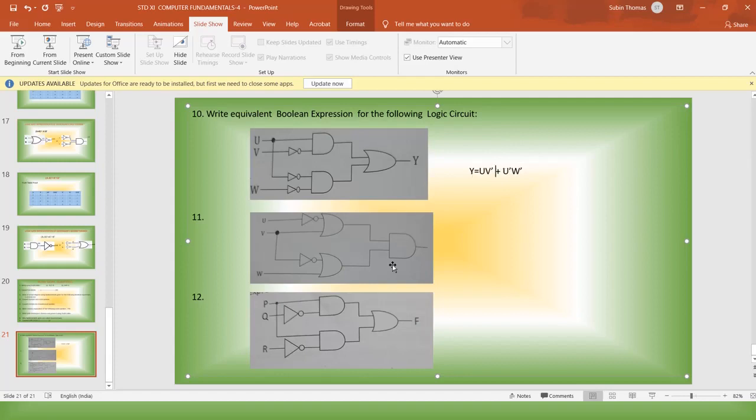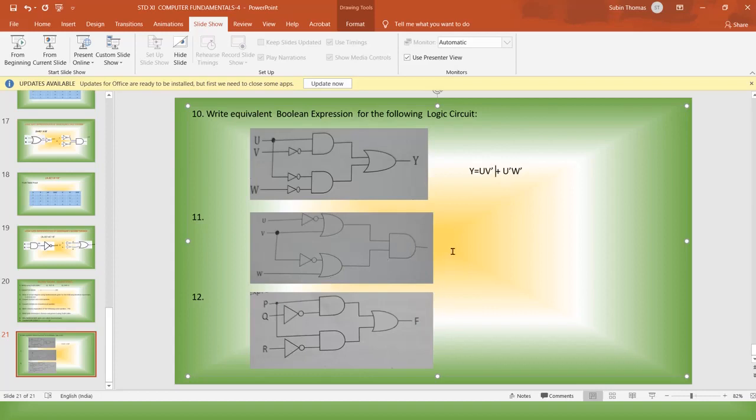In the same way you have to find the output of this one. One more I will explain. Here it is U complement and here it is V. This is an OR gate, so the output will be U complement plus V, and here it is V complement plus W. Both are given to an AND gate.